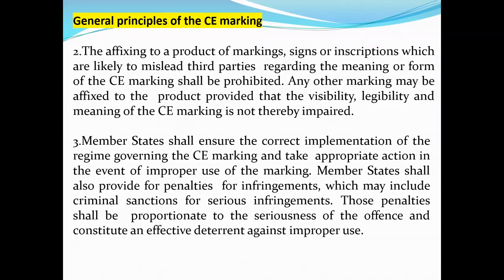Member states shall ensure the correct implementation of the regime governing the CE marking and take appropriate action in the event of improper use of the marking. Member states shall also provide for penalties for infringement, which may include criminal sanctions for serious infringements. Those penalties shall be proportionate to the seriousness of the offense and constitute an effective deterrent against improper use.